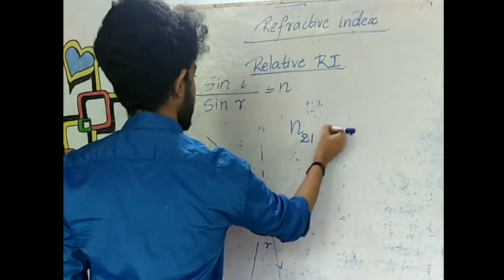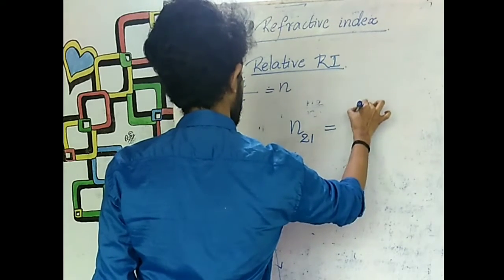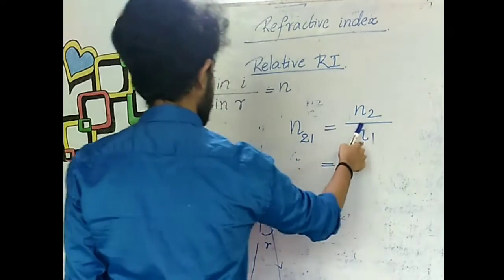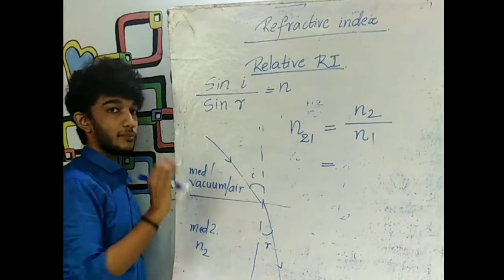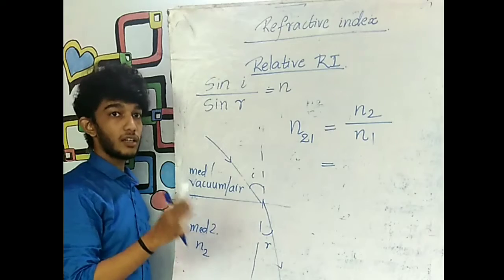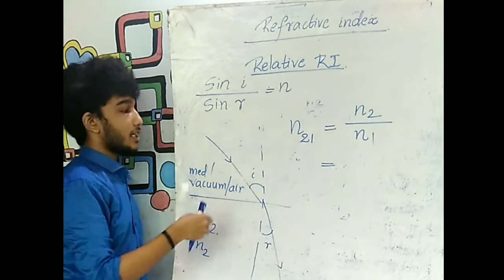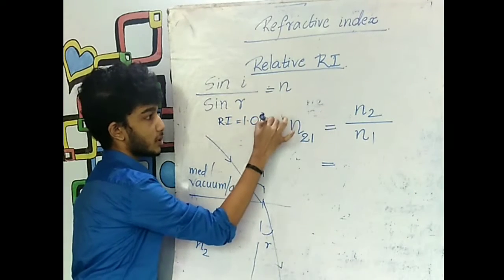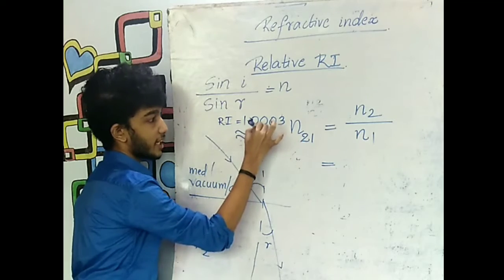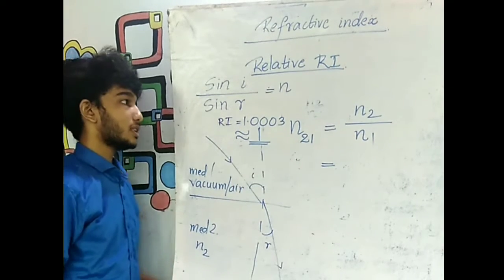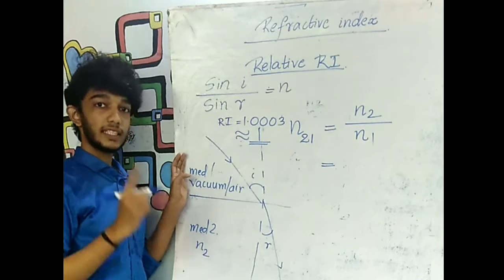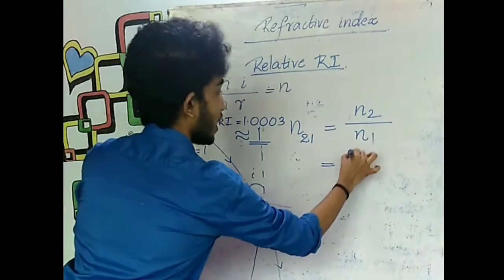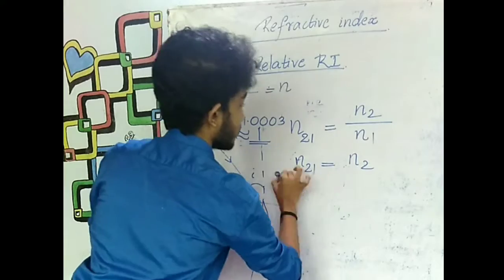Refractive index of medium 2 with respect to medium 1 is equal to refractive index of medium 2 divided by refractive index of medium 1. What is the refractive index of medium 1? It is important to note that the refractive index of air or vacuum is equal to 1. For air, the refractive index is 1.0003. This approximately we can take as equal to 1. So, the refractive index of this medium is equal to 1. That means n1 is equal to 1. n21 is equal to n2 divided by 1, which is equal to n2.